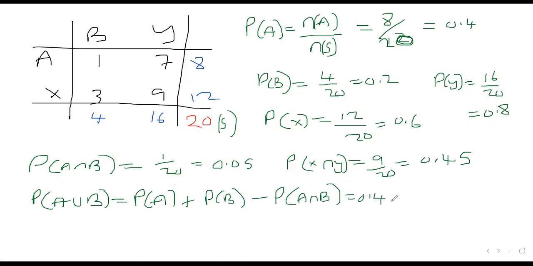Probability of B, we found it was 0.2. And the intersection was 0.05. So what do we get? We add and subtract: 0.55, is it?